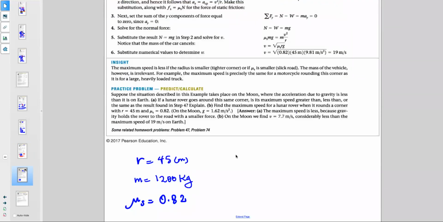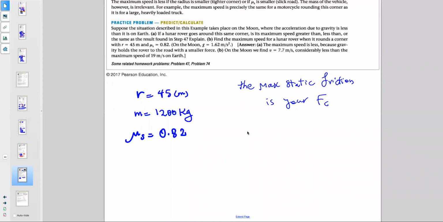In other words, the maximum static friction is your centripetal force. So F of S max is m a of c, or centripetal acceleration.